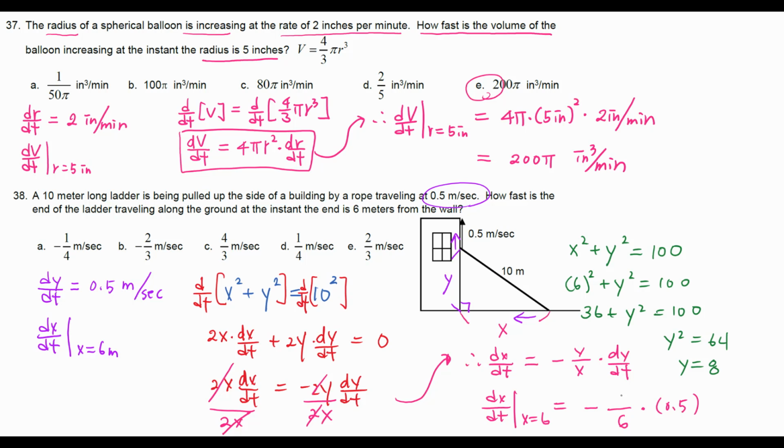Therefore, when you simplify it, you get negative 2/3. And why is it negative 2/3? Because x is decreasing. So x is decreasing at negative 2/3 meter per second. So the answer is B.